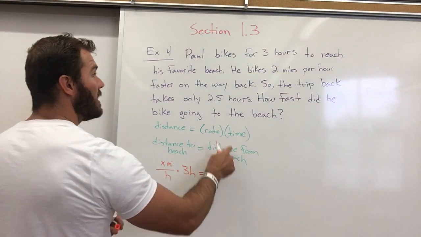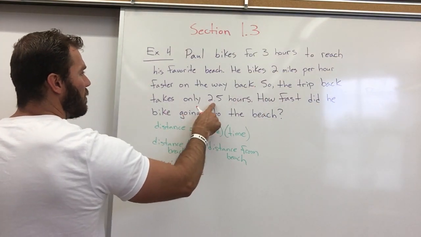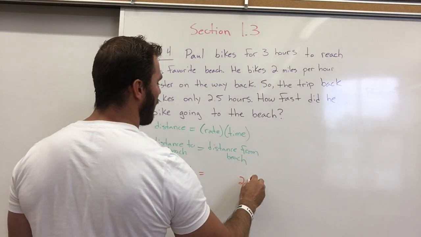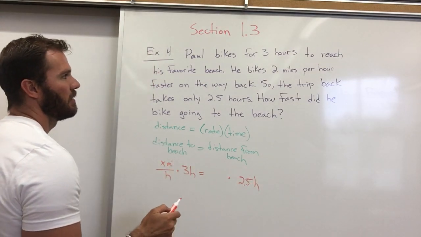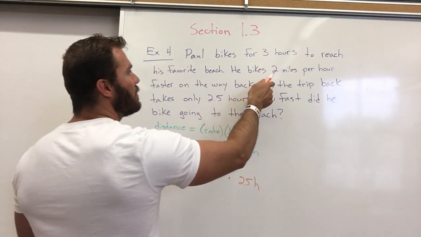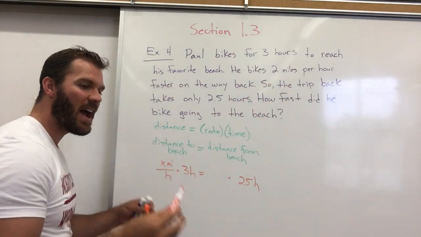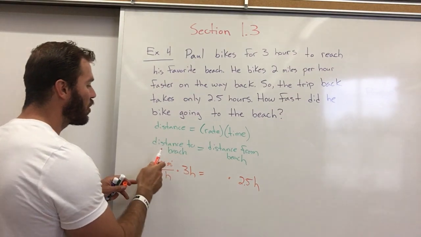Okay, it says that the trip took 2.5 hours. But what was his rate? It said that he was going 2 miles per hour faster than when he was going there.